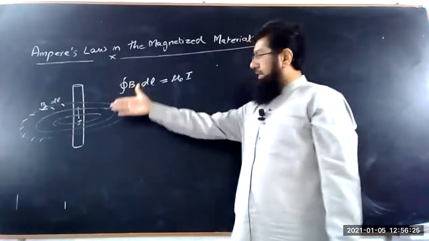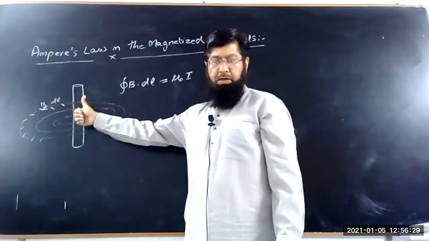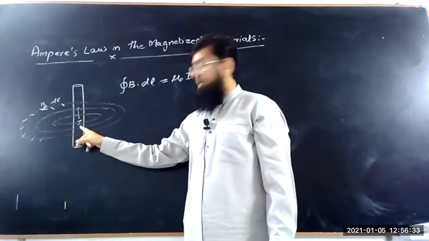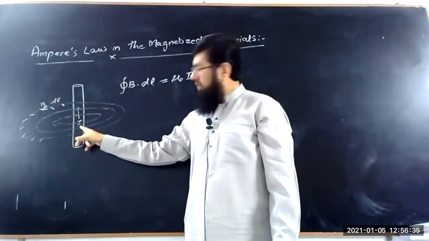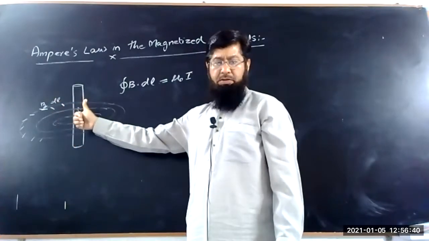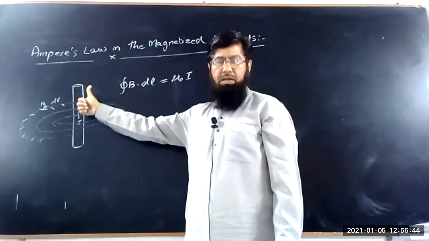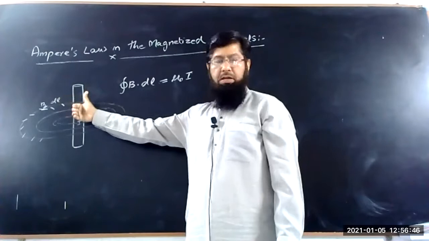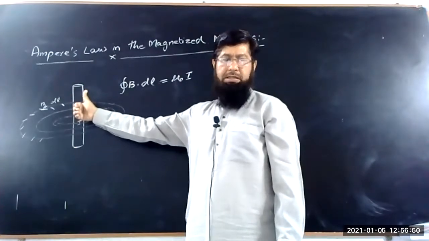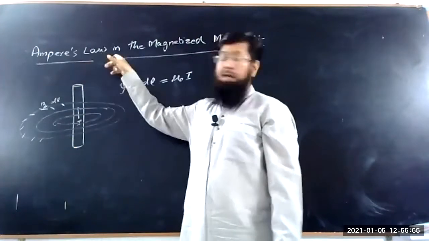If we grip the wire in the right hand, with the thumb pointing in the direction of the current, the curved fingers indicate the direction of the magnetic field produced by this current carrying wire. So this is known as Ampere's law.